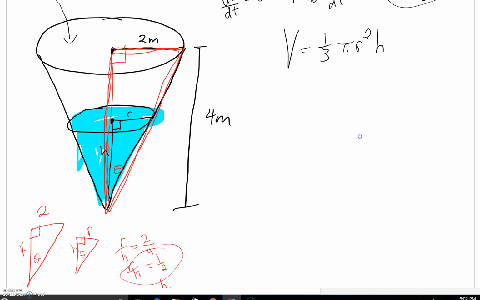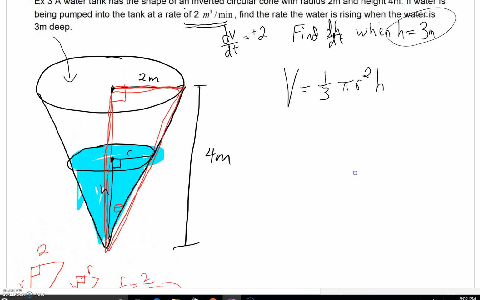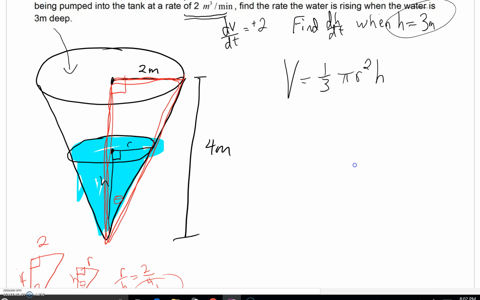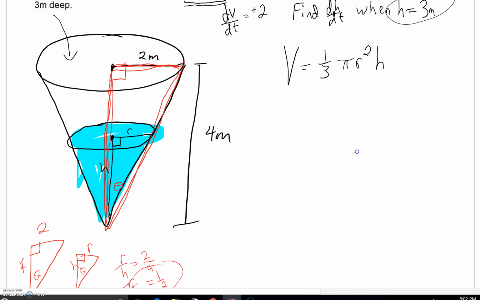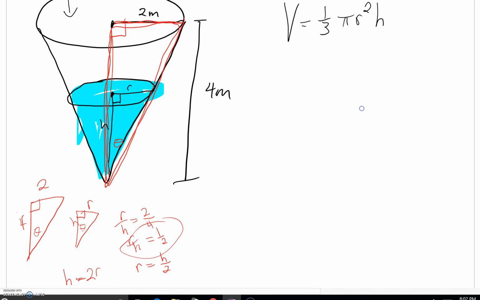Well, I hope you remember that we're asked to find dH dt, and we're given what h is. R is conspicuously absent, so I'm going to take the R equation, R is equal to h over 2, and I'm going to plug that in.